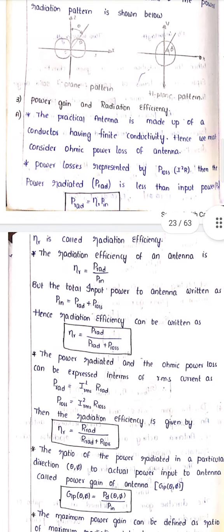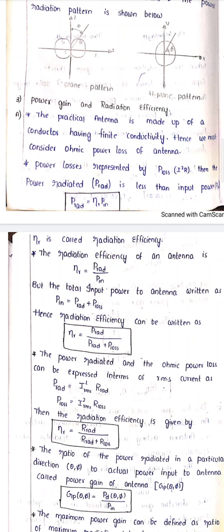The input power given to the antenna is equal to the power radiated plus the power loss. The power radiated is defined as eta R times Pin, where eta R is the radiation efficiency. The radiation efficiency of the antenna is defined as the ratio of the power radiated by the antenna to the power input to the antenna.